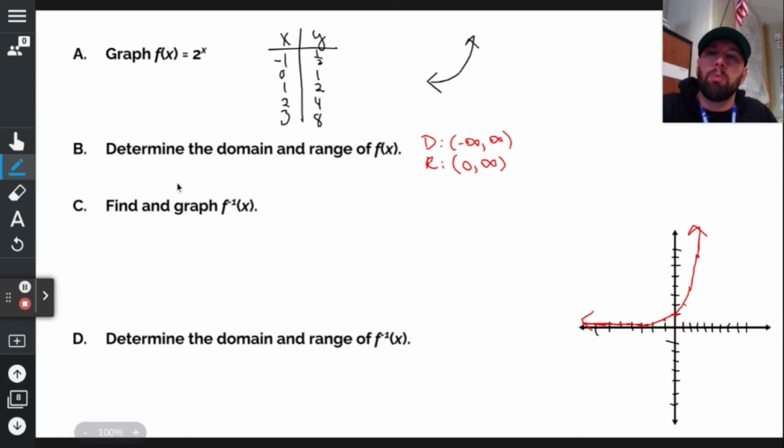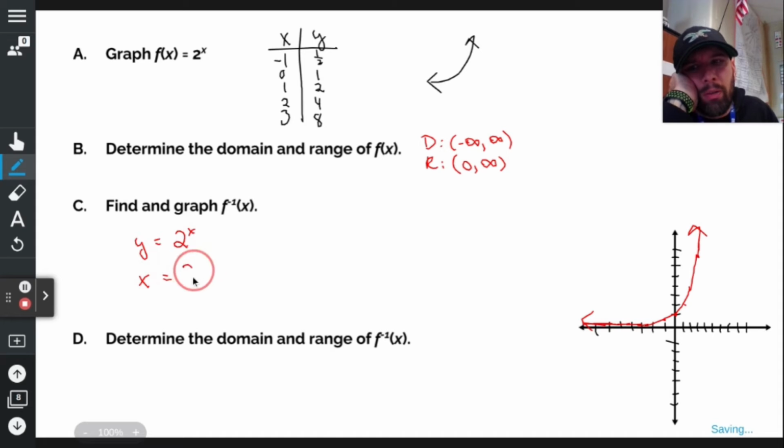Now, find the inverse of f. So that's fine. I will call it y just so I can swap it out. So I have 2 to the x. Step number 1 is you swap your x and your y. So I have 2 to the y now. In order to get y all by itself, I have to log base 2 both sides.